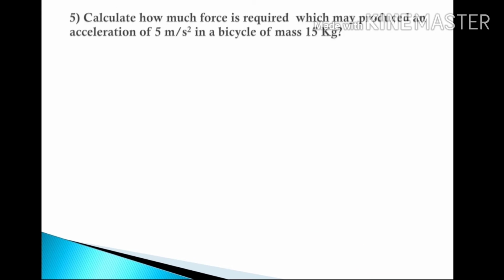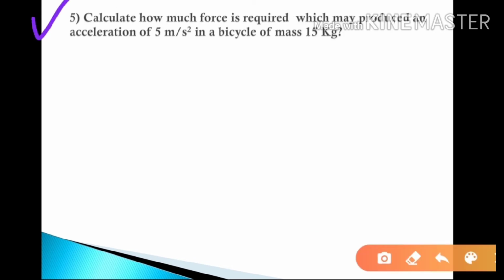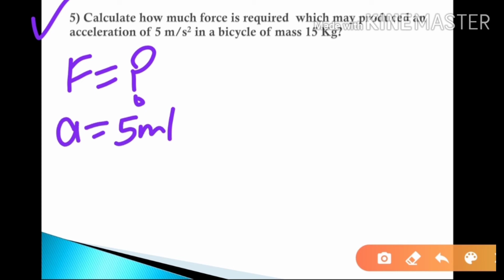Now next question, question number 5. Calculate how much force is required which may produce an acceleration of 5 meter per second square of a bicycle of mass 15 किलोग्राम.